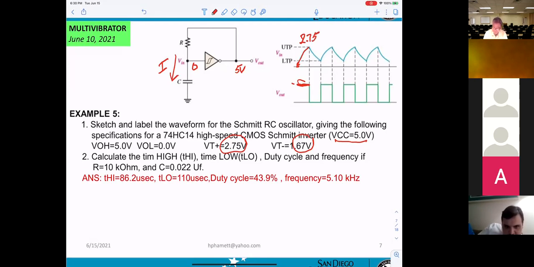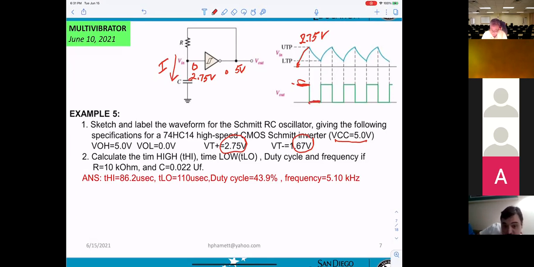You see that? It will keep charging up to 2.75 volt. When you get 2.75 volt here, the input is now at logic 1. Output will be a logic 0. So that's why the output will go to 0 right here.